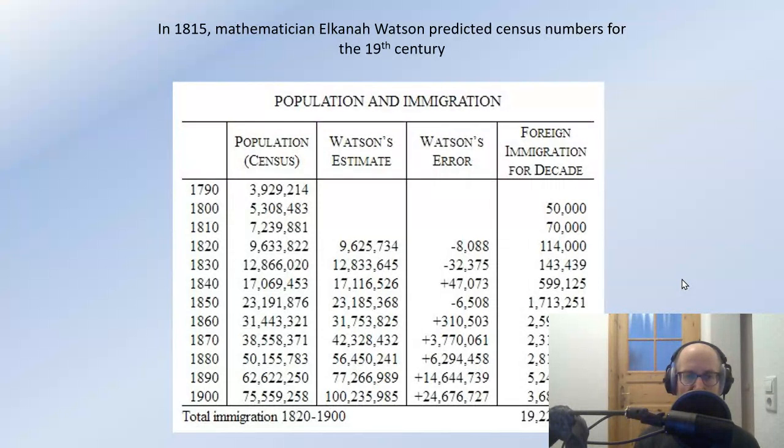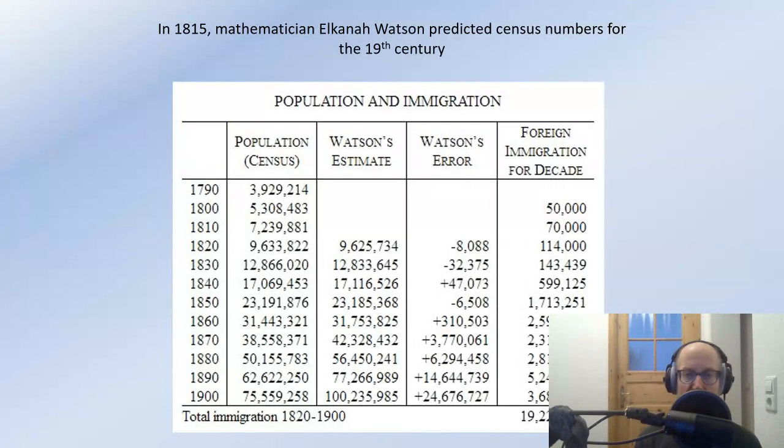He was looking at the trends and he was doing mathematical calculations, and he thought there's no way that if things kept going as they were, the United States would be able to hold the number of people that were likely to come. And he had predicted that by 1900 there would be 100,000 Americans in America by 1900. Now he was off by 25 million, so it's a pretty substantial error that Watson made.